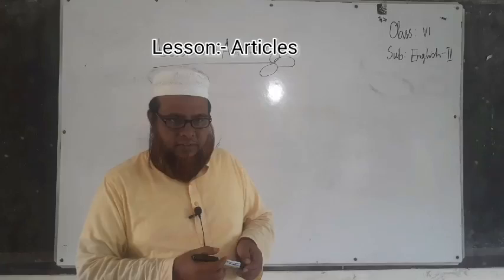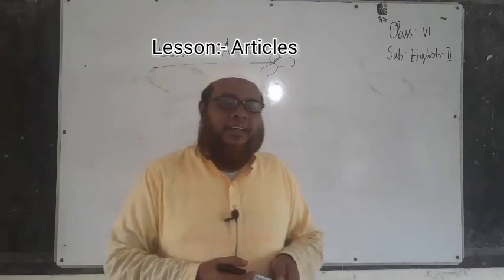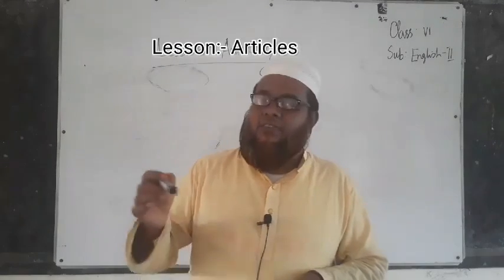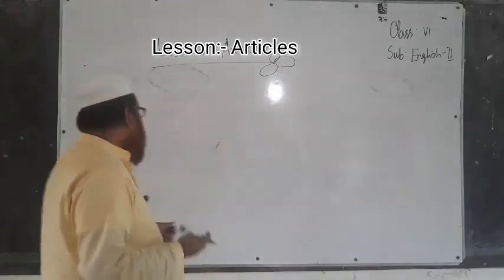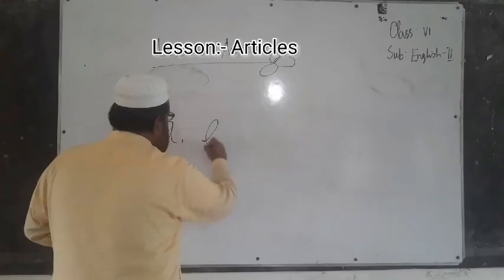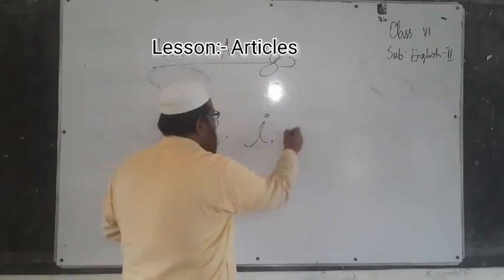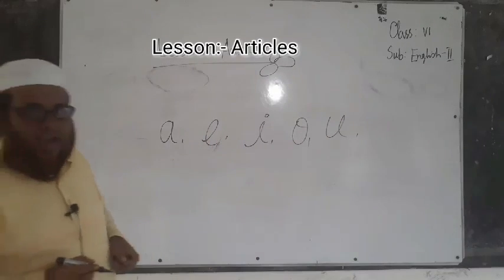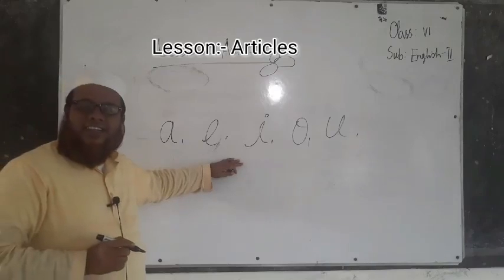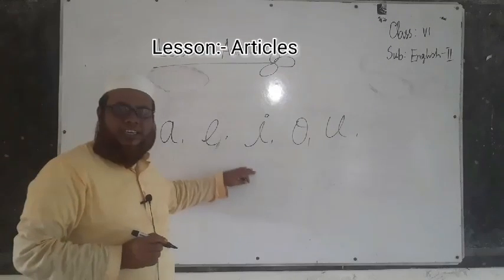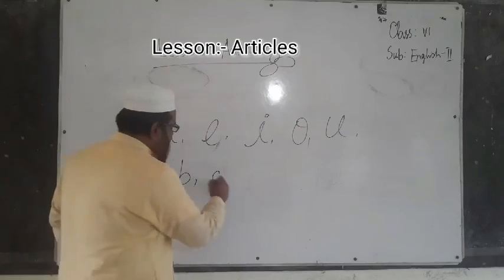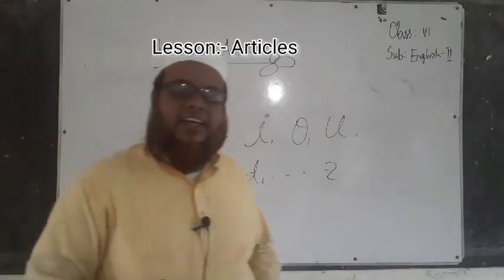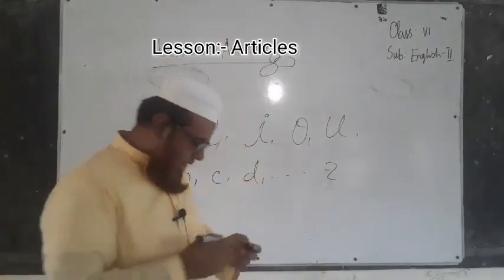Very simple question. I know many students know it. There are 5 letters in vowel. They are A, E, I, O, U. And the rest 21 letters such as B, C, D up to Z are consonants.